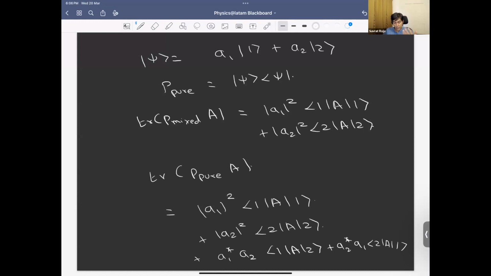So these are cross terms. If your observable A doesn't have any cross terms, then you can't differentiate between this pure state and this particular mixed state. But if your observable A does have cross terms, then for some other kinds of questions, you will get different answers in this pure state than in this mixed state.